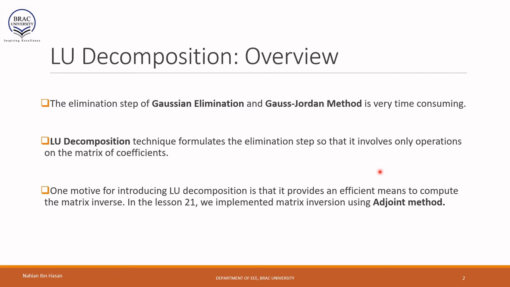So that's the elimination step of Gaussian elimination or Gauss-Jordan methods, and you have to remember that this elimination step is very time consuming because you have to do a lot of calculations. There are lots of additions, multiplications, subtractions and divisions in all of those steps, and that's very time consuming from the perspective of computational efficiency.